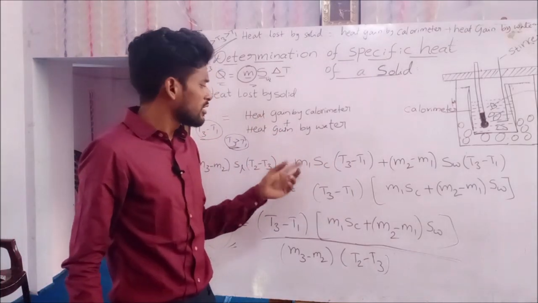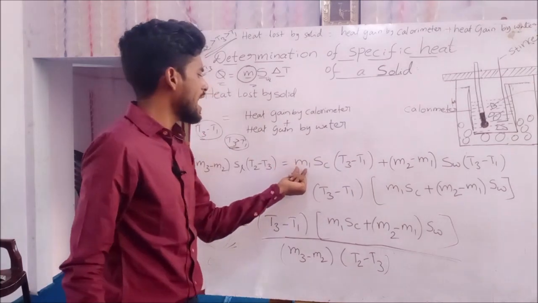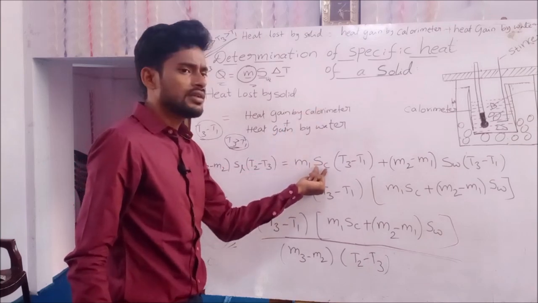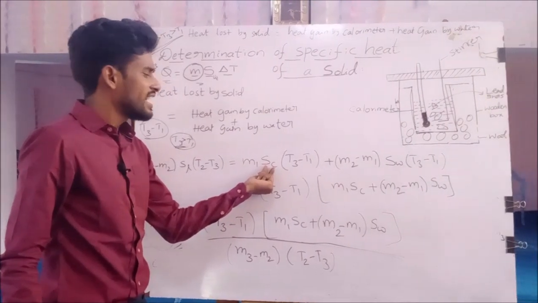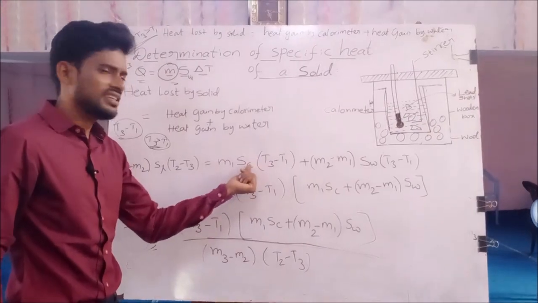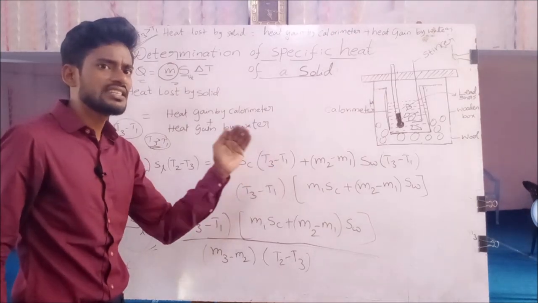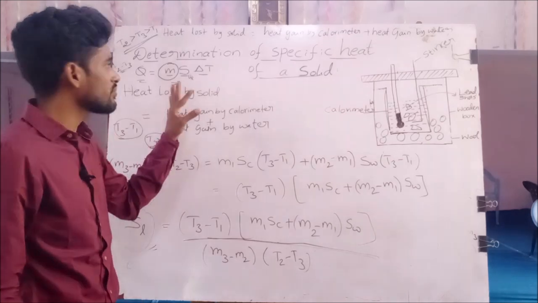heat gained by the calorimeter. Heat is nothing but MST multiplied. So M1, the calorimeter mass, specific heat of the calorimeter SC, where C indicates calorimeter, and temperature change T3 minus T1. Delta T is nothing but temperature change.